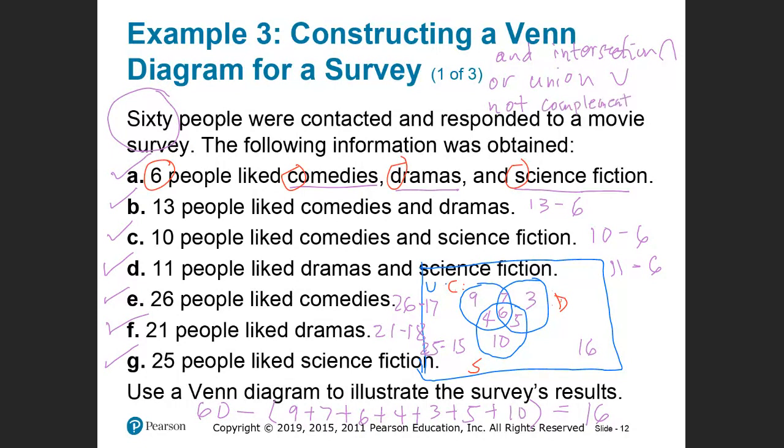And the symbol would be apostrophe. Okay, and some other textbooks have a small line on top of the set. So apostrophe is used in this textbook. Okay, so that's the survey's result by using the Venn diagram.